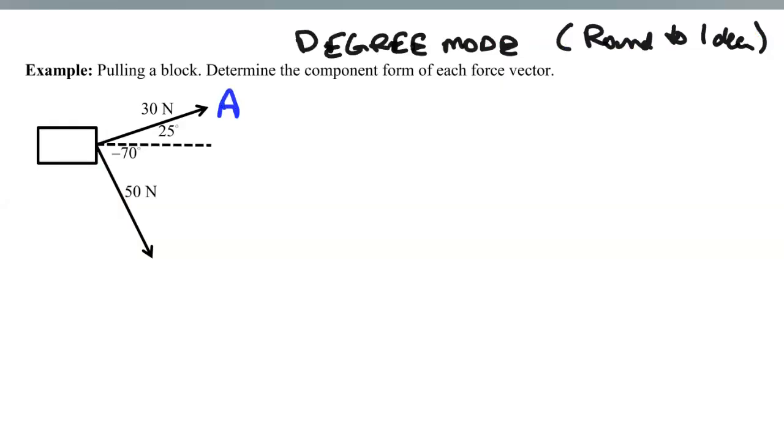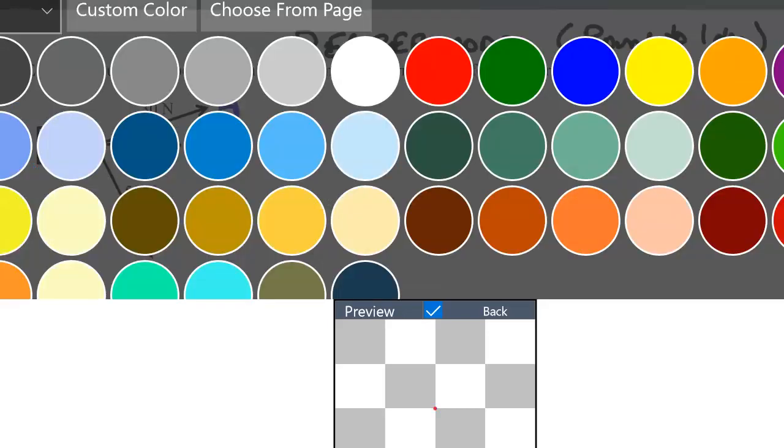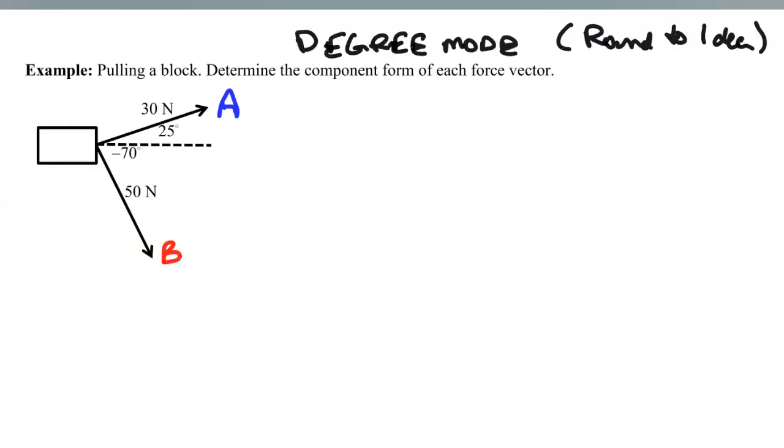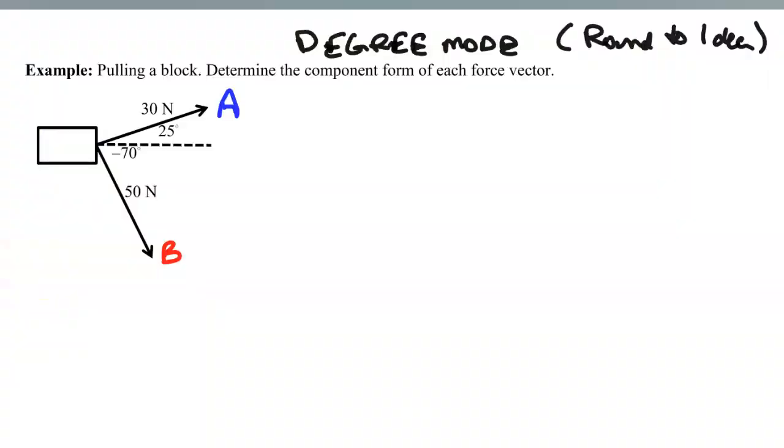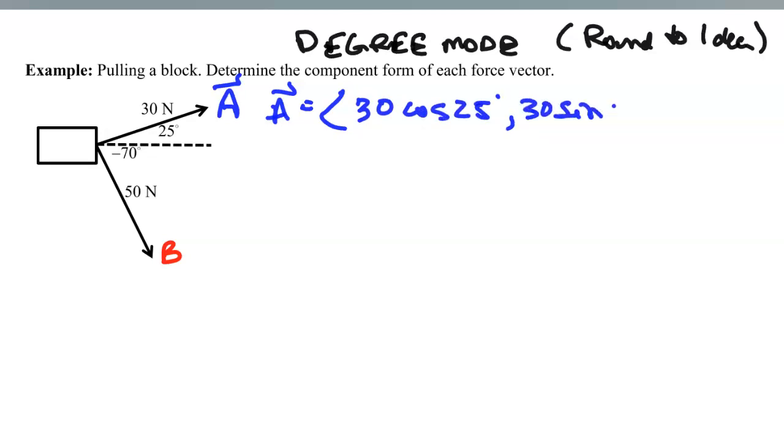So I have two vectors here, A and B, and I want to find the component forms. Well, just using those magic formulas of what we said before, vector A is equal to 30 cosine of 25 degrees, 30 sine of 25 degrees.